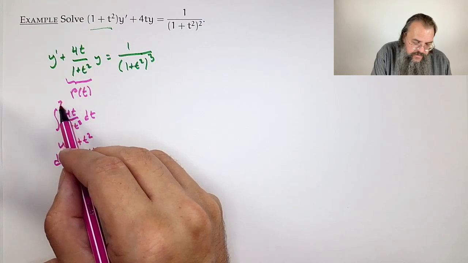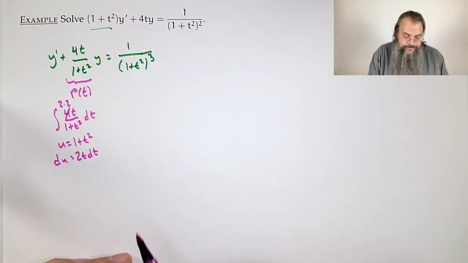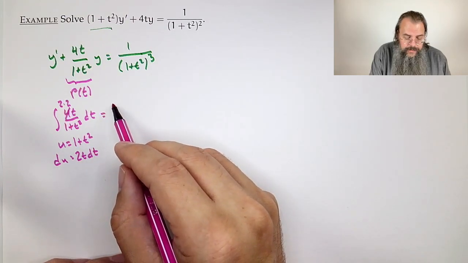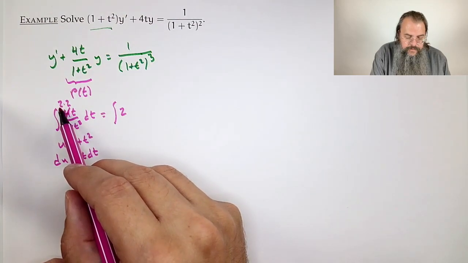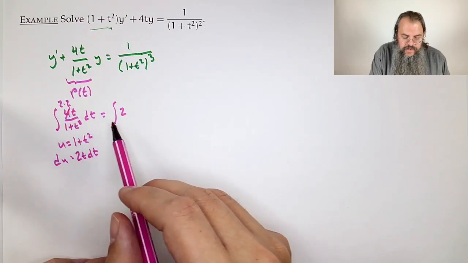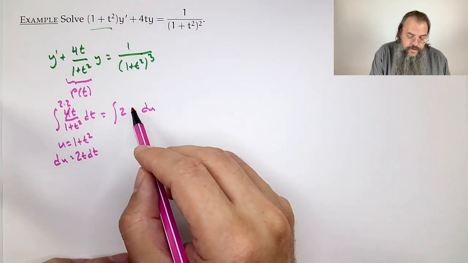And very conveniently, 4 can be thought of as 2 times 2. So we have a 2t. So this becomes the integral of 2 from that 2. Then the 2t dt becomes du, and a 1 over u.